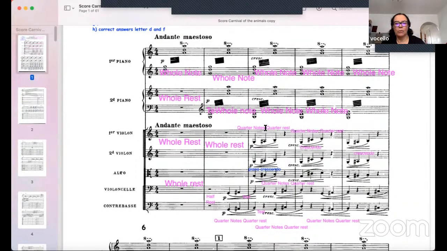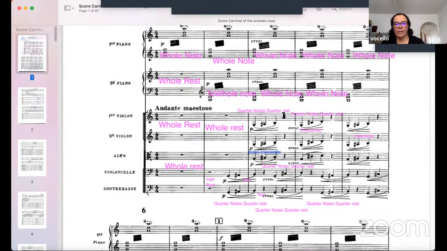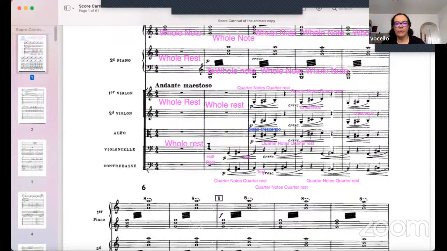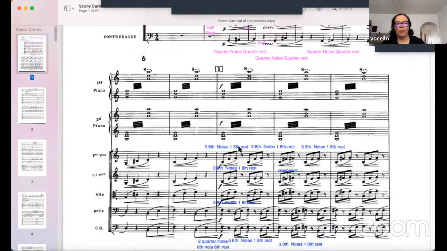This is quarter note, 3 quarter notes and 1 quarter rest, 3 quarter notes and 1 quarter rest, half rest, 2 quarter rests, quarter note, quarter note, quarter rest, quarter note, quarter rest, etc. And go.